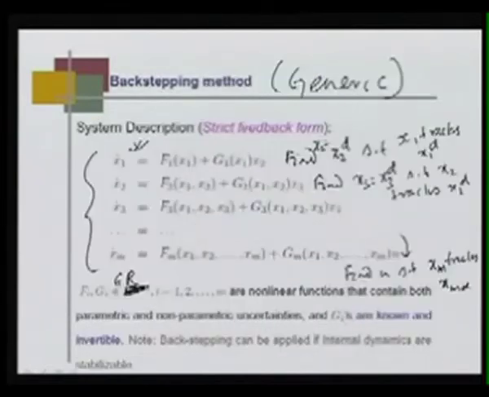For example, going back to my original form, if I want to estimate this f1, then my input is x1, for f2 my inputs are x1 x2, and for f3 I estimate, x1 x2 x3 are the inputs.